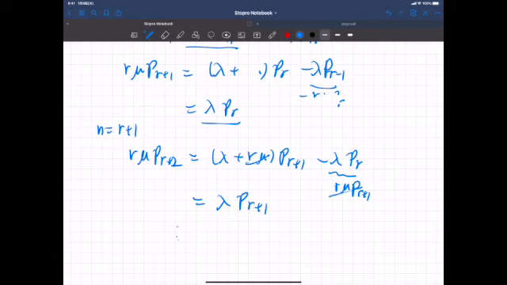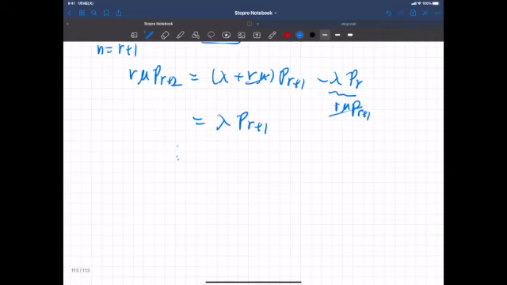So now in general, we have r mu p_{n+1} equals lambda p_n if n is greater than or equal to r.